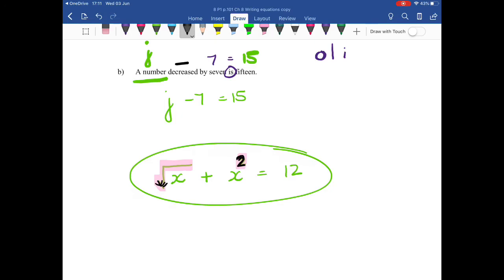So the one at the top is the power. So let's have a look here. This would be the square root of a number increased, we're not going to say add or plus, increased by the same number. We've got the number there. The same number squared is 12. So the square root of a number increased by the same number squared is 12. And that would be the English version of this algebra.